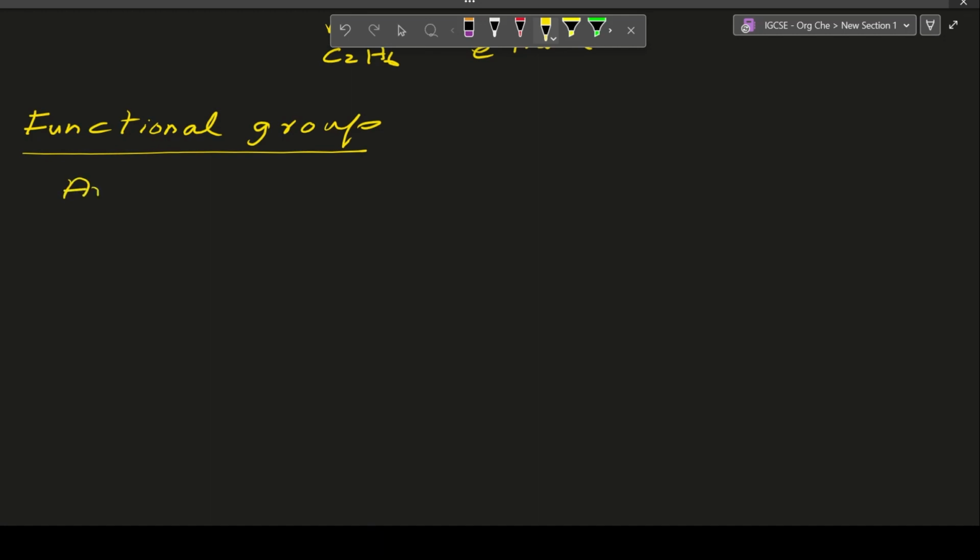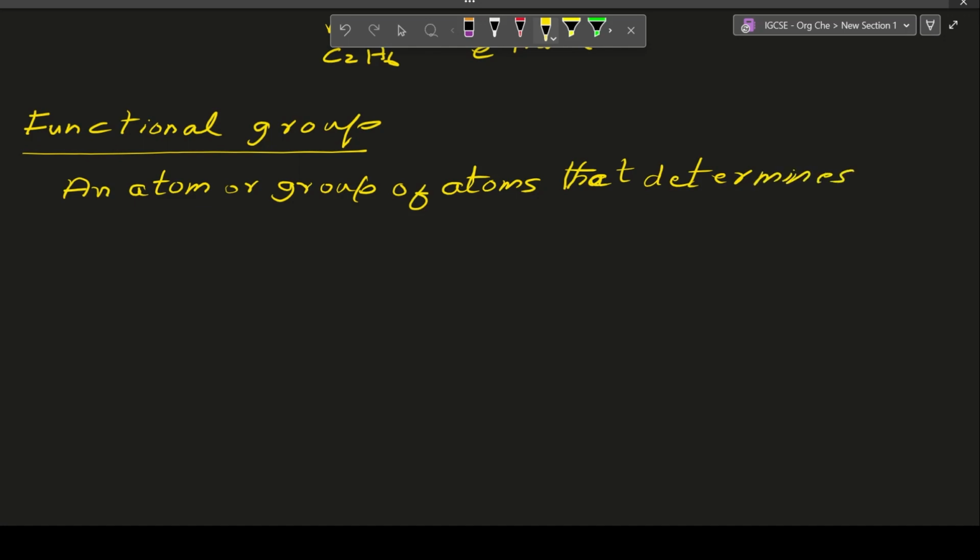An atom or group of atoms that determines the chemical properties of a compound.